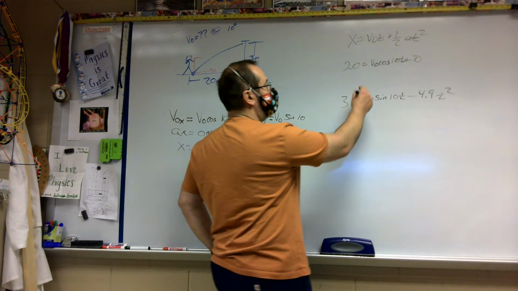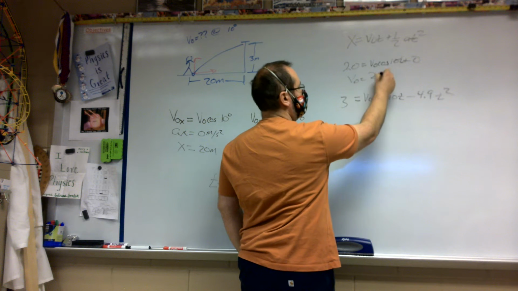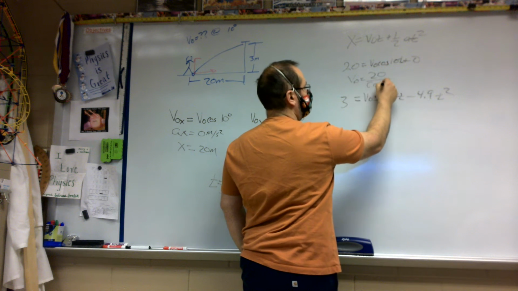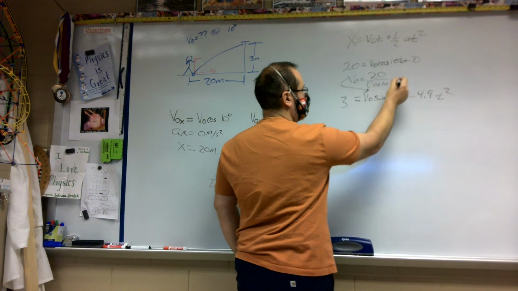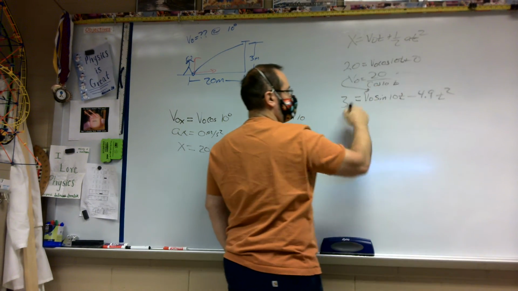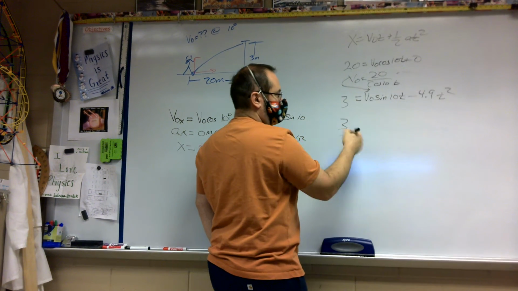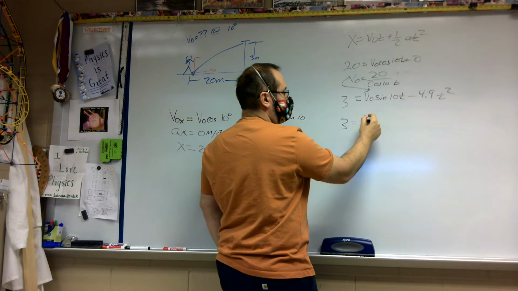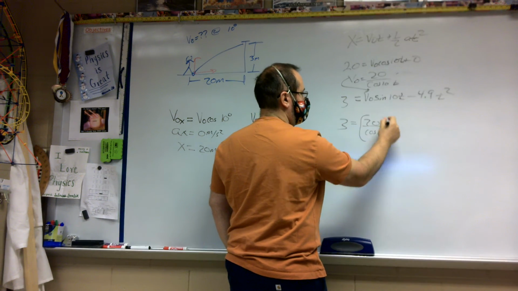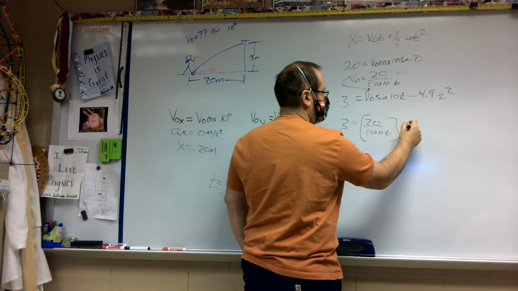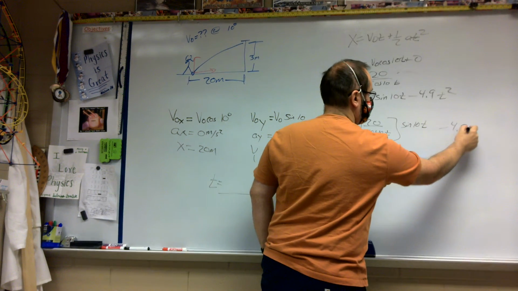So v initial is equal to 20 divided by cosine 10 times t, and then you substitute that into the y equation. There's nothing that gets substituted in the x equation. So we get 3 is equal to 20 over cosine 10 t, times sine 10 t, minus 4.9 t squared.